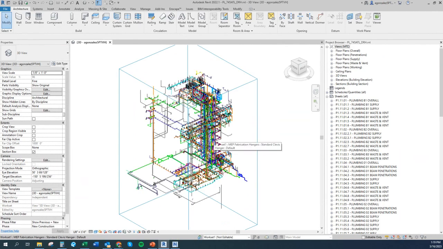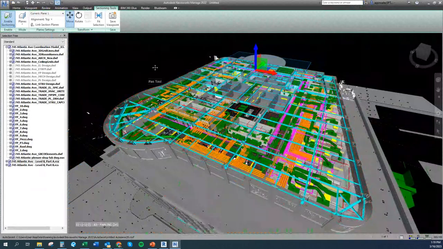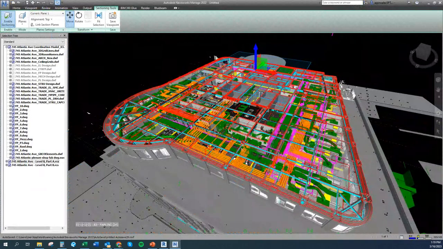Once it was done, I exported this into Navis to complete the final coordination with the whole team, that I have to say I don't work with any of them. I'm just doing the plumbing, and there are other companies that don't have anything to do with me, but we were working together. This is the Navis model.